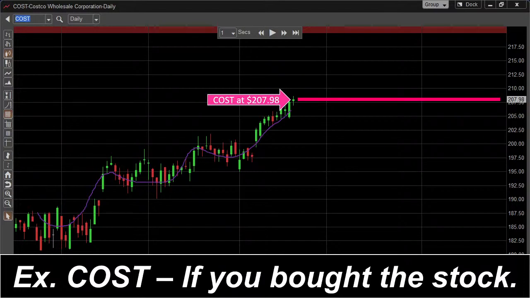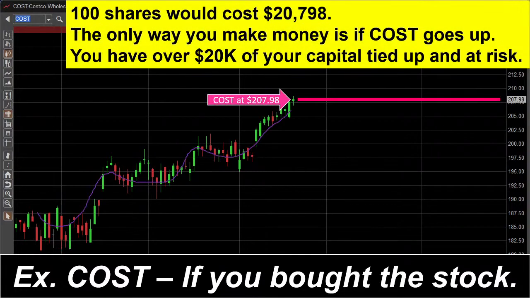If you were to go out there and be a stock buyer, if you were a stock buyer and you bought, let's say, 100 shares of Costco, it's going to cost you $20,798. And the only way that you make money is if Costco goes up, right?